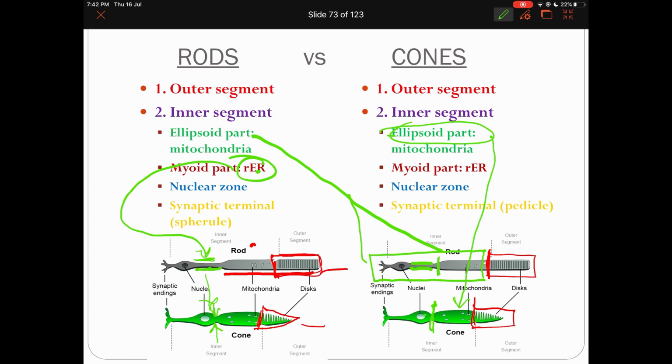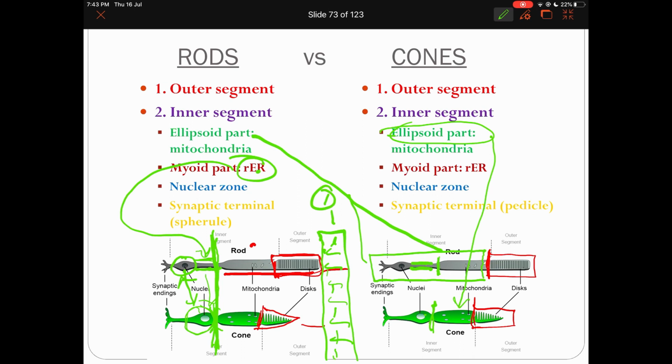After that, the next thing that comes is called the nuclear zone. Now this is the nucleus. And we told you that at the level where the myoid part is, at this level will be your outer limiting membrane, which has been formed by the short processes of the Muller cells. The first layer, you know, was the pigmented cells.